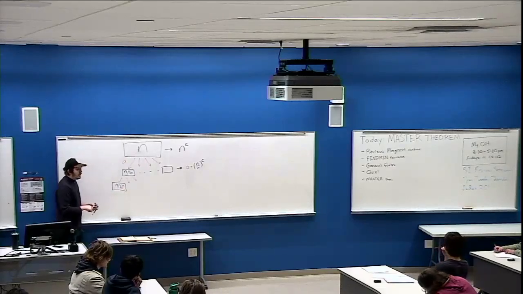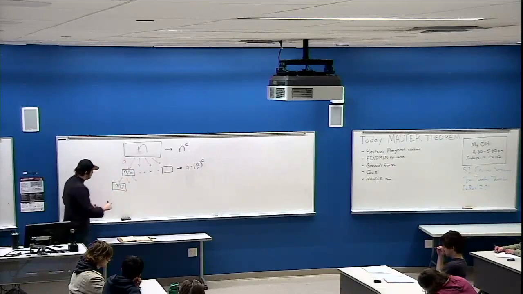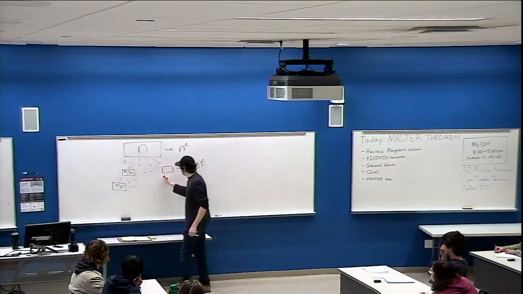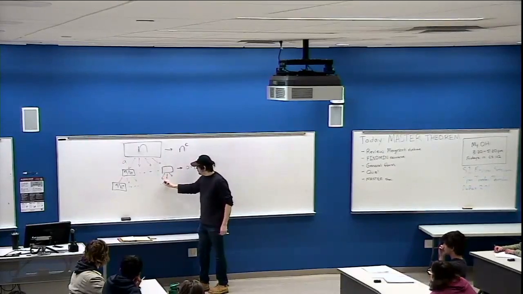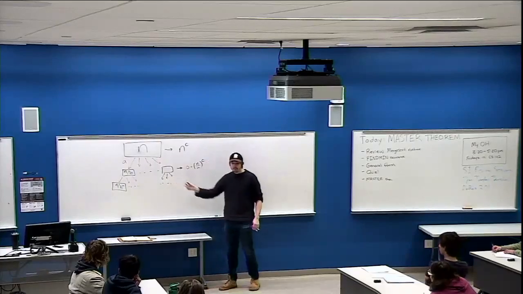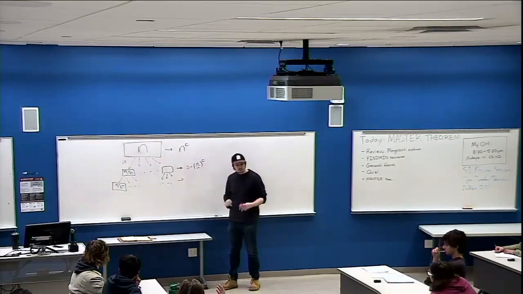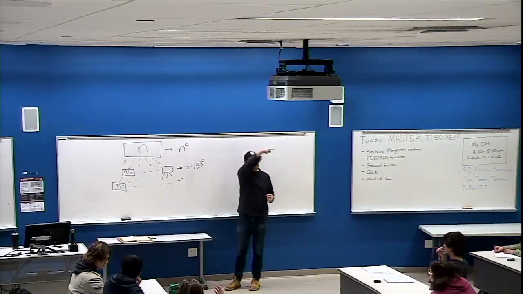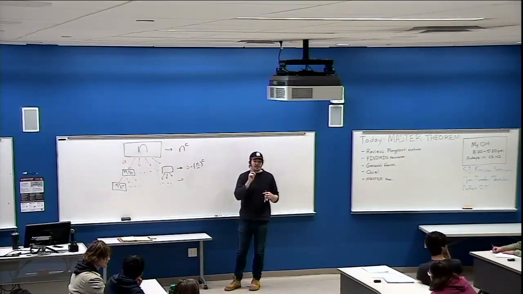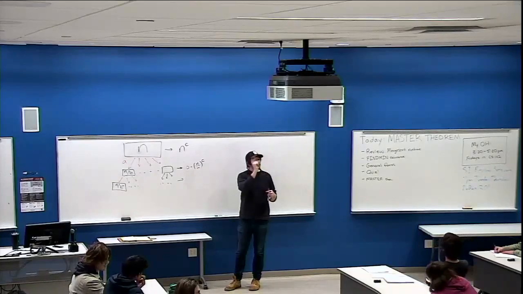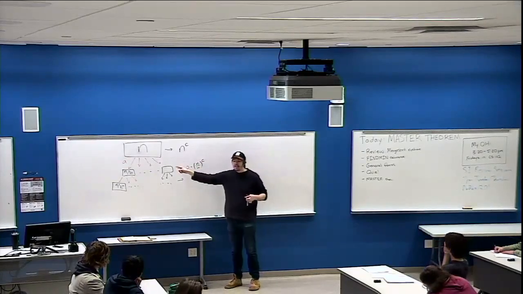Okay? And how many of them will there be? How many total will there be? Close. Yeah? A squared. So each one of the divisions will then divide again.